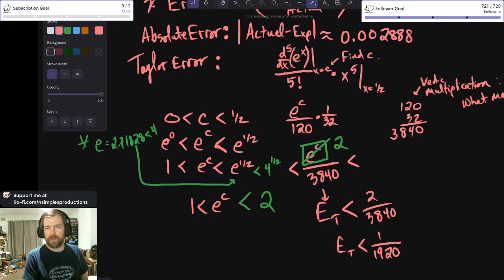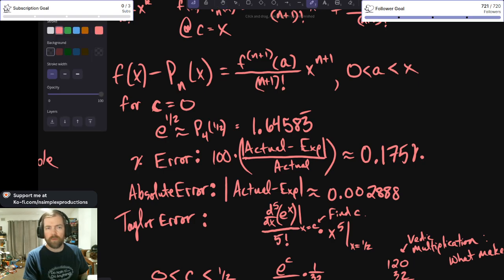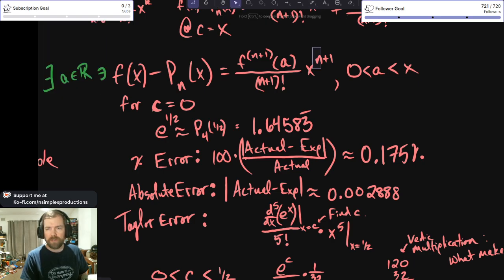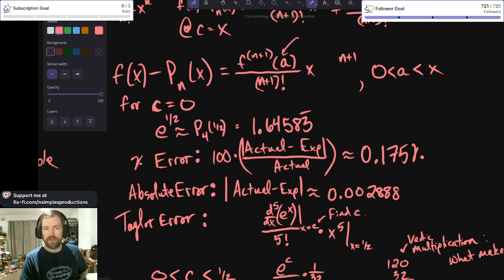I totally forgot something up here too. Should have stopped me. Remember that for Taylor polynomials, if we choose some other point A that is not 0, then our Taylor ends up being f evaluated at A, and then we do x minus A, as we shift our x value.